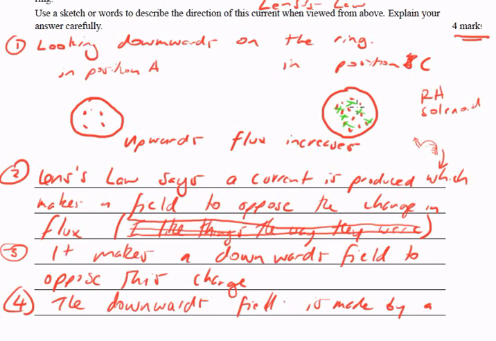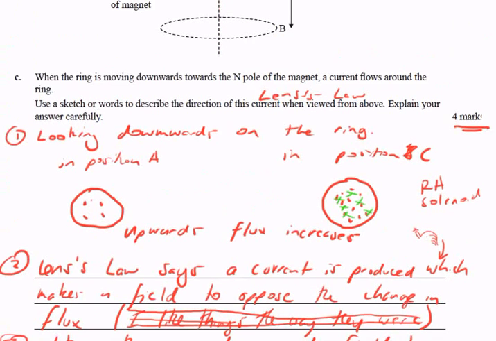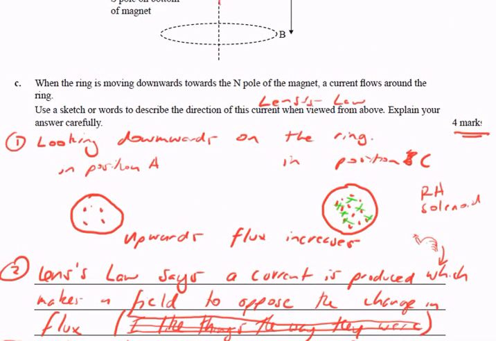So that means it is going in a clockwise direction. This downwards field is made by a clockwise current. It's tough, but it's 4 marks. It's meant to be tough. It's certainly one you want to practice a couple of times.